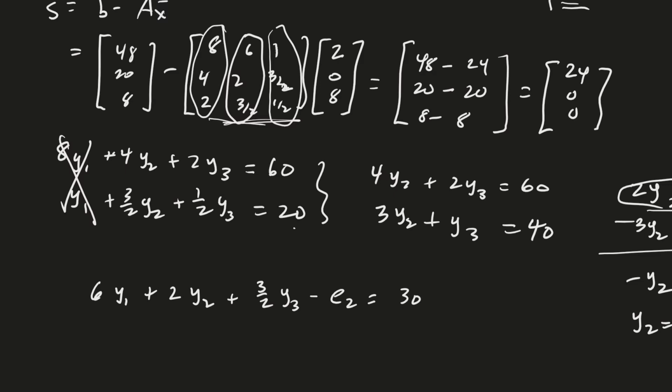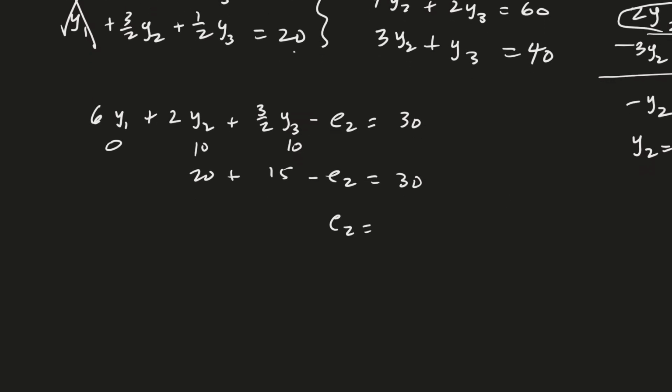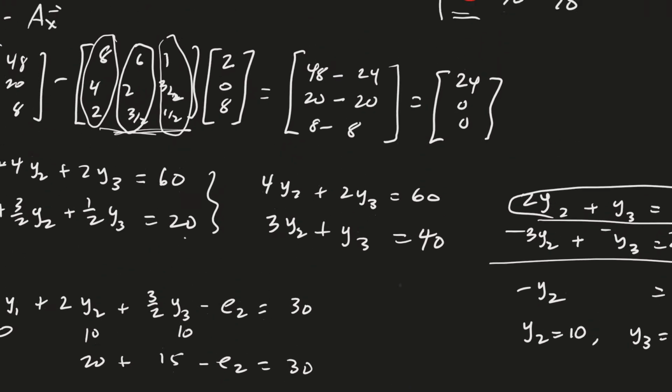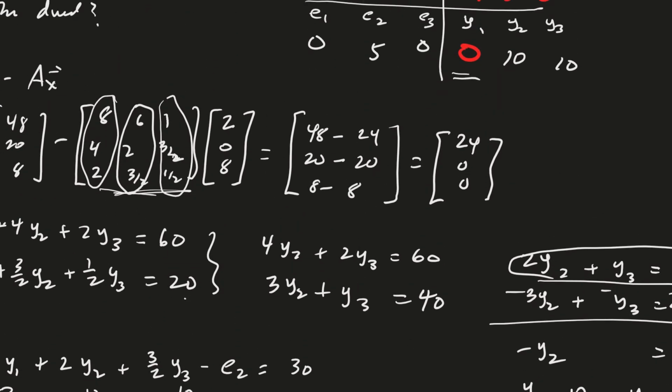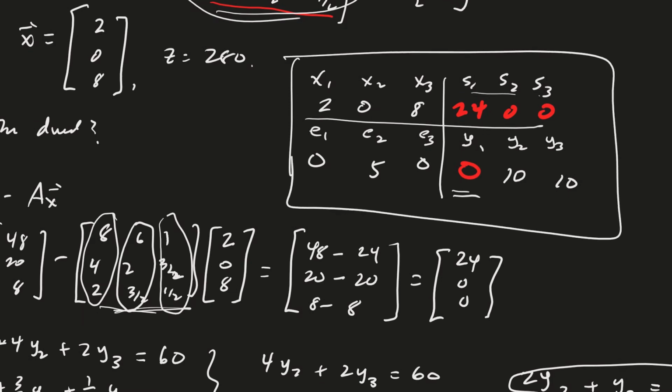We know that this is 0, 10, 10. So what is that, 20 plus 15 minus e2 equals 30. Looks like e2 is 5. And so that finishes up our solution set. Here is the full set of solutions.